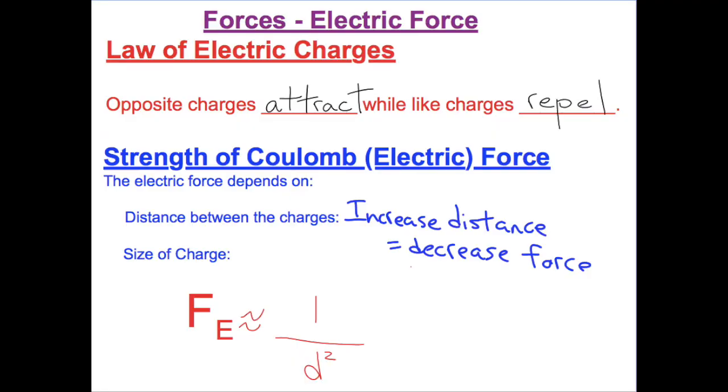So putting all this together, we know that as the distance between the charges increases, the Coulomb force decreases, but it decreases exponentially. That's the square of the distance. If the distance is doubled, the force is 1/4 as big. If the distance is 10 times bigger, the force would be 1/100th as strong.